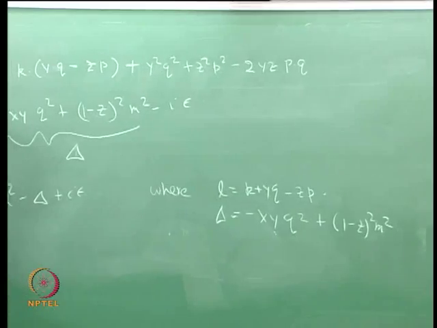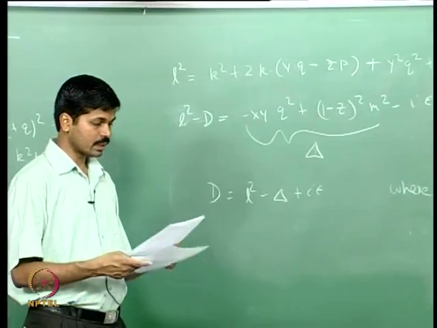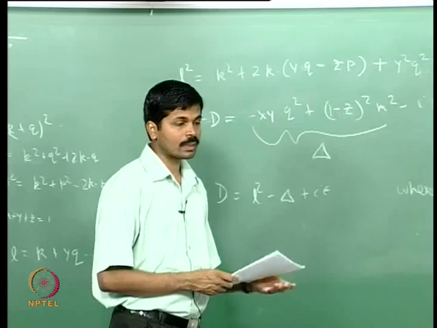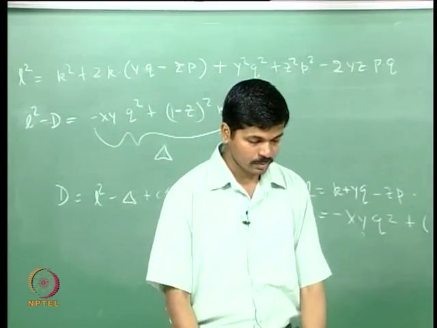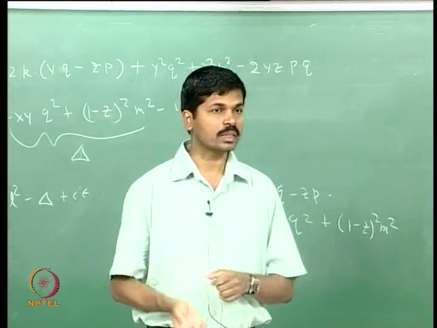Okay, so what we did is we have simplified the denominator. Now, in the next lecture we will look at the numerator, and then we will simplify it, and then we will carry out the integration. All right.